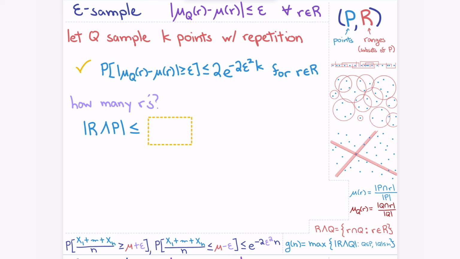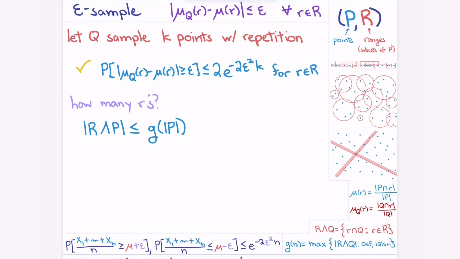So this is the number of ranges, how many different subsets it induces over the set of points. It will collapse identical subsets. It will be the growth function.